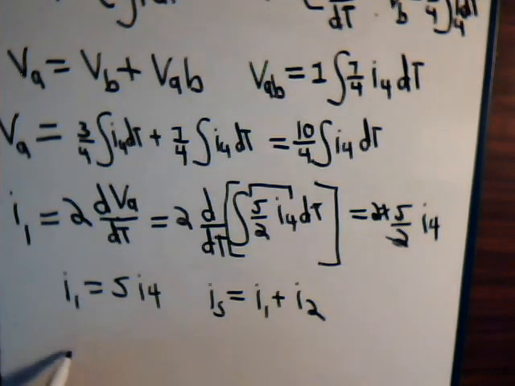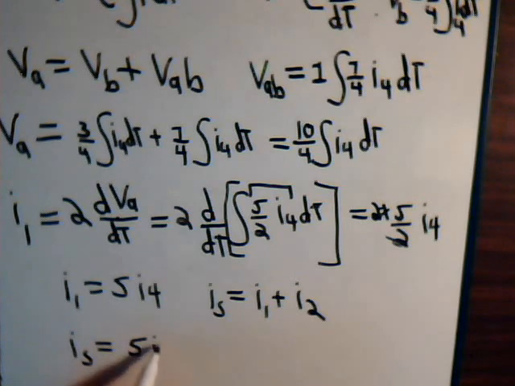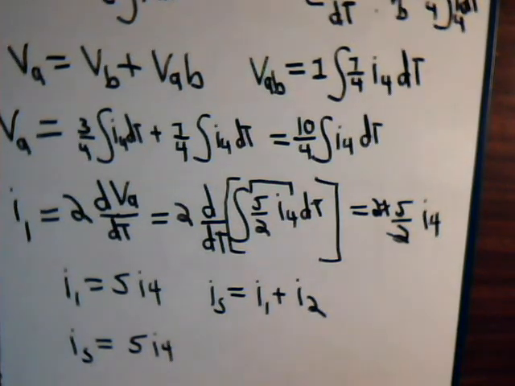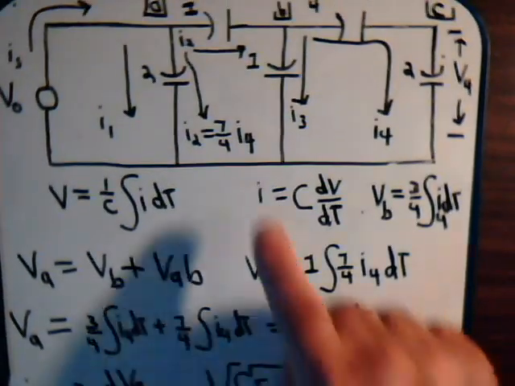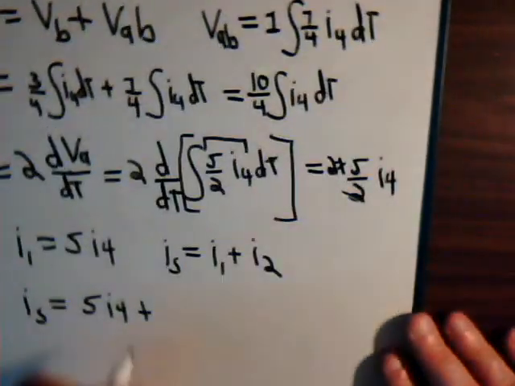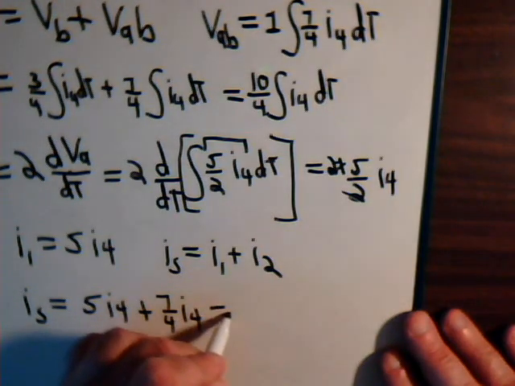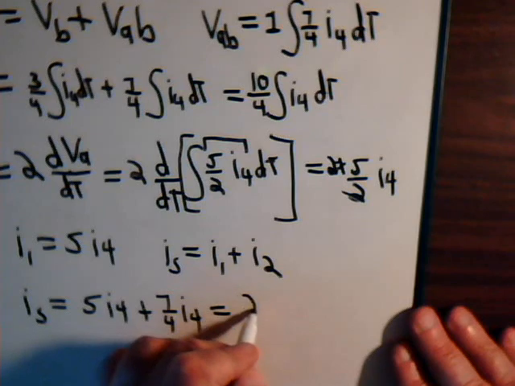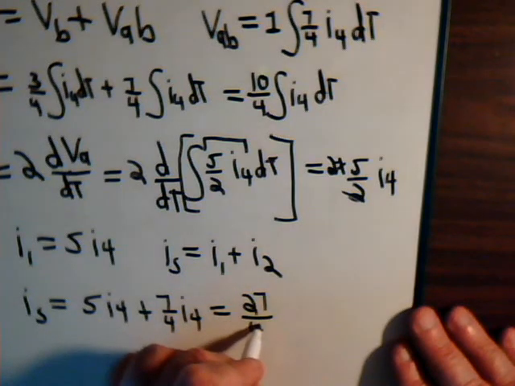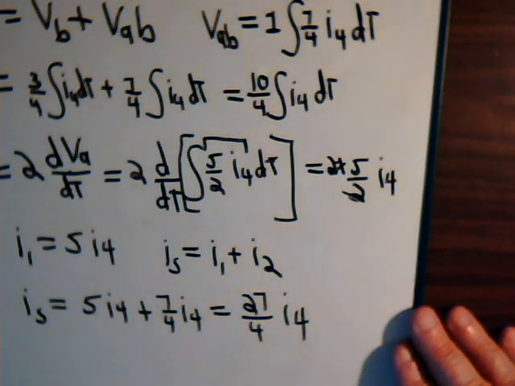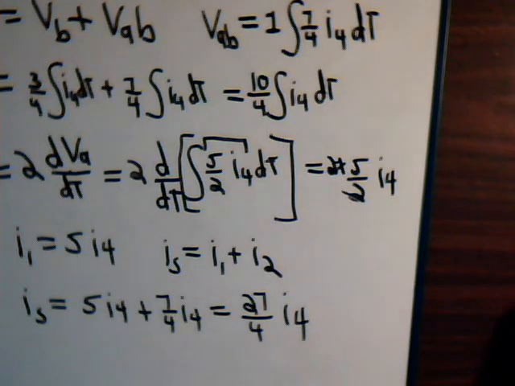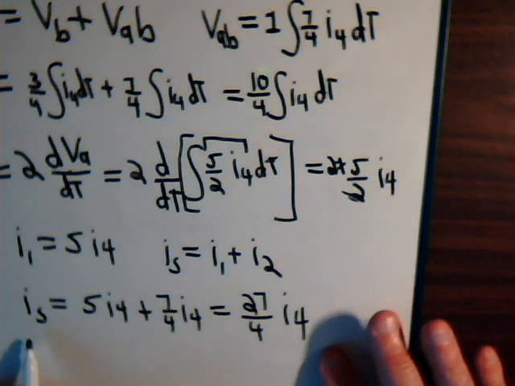I1, that's 5 times I4, plus I2, that's 7/4 I4. Or I think this comes out to equal 27 over 4 times I4. So there's our general relationship between the source current and current I4.